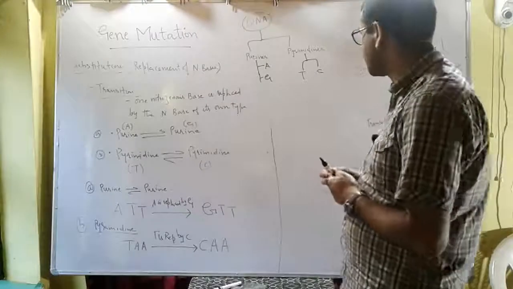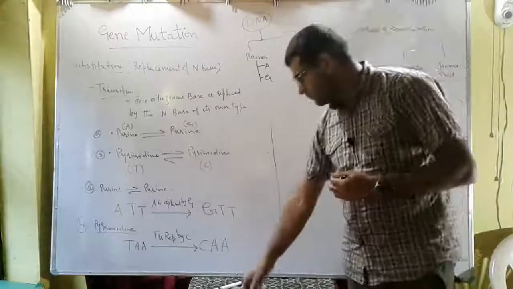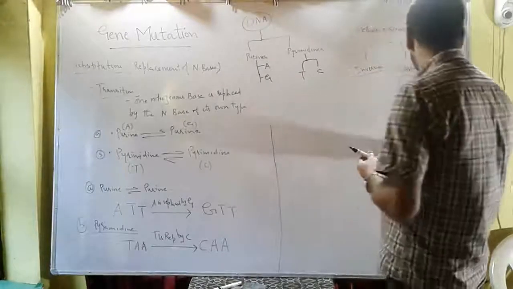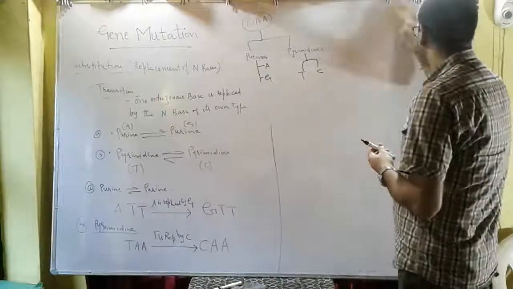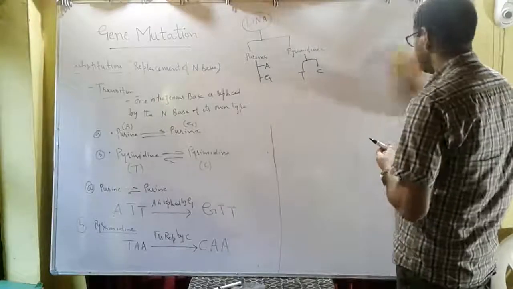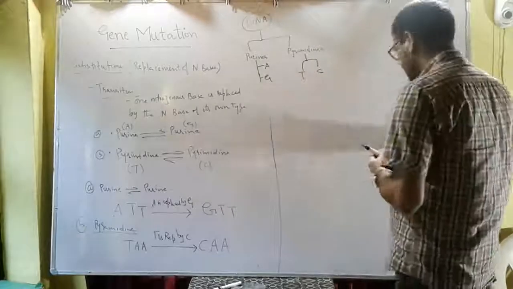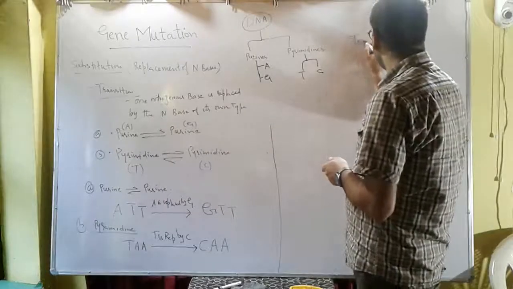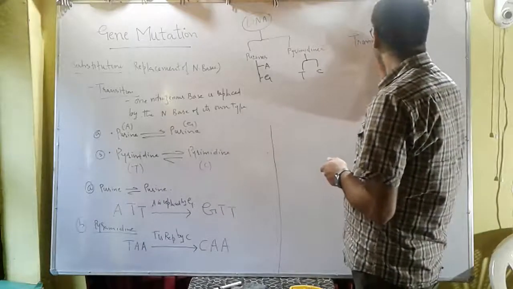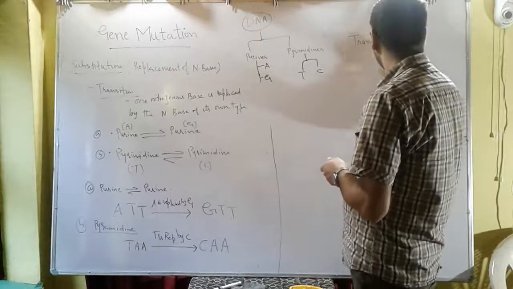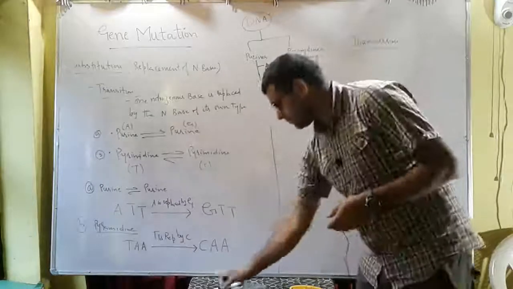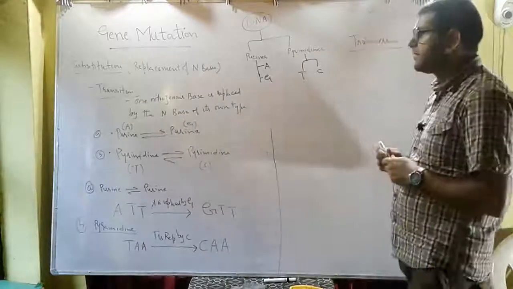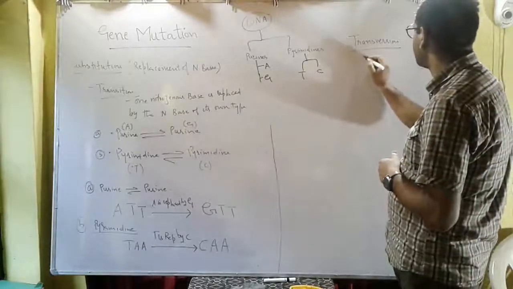Then we have another type, transversion. In case of transversion, purine is replaced by pyrimidine.